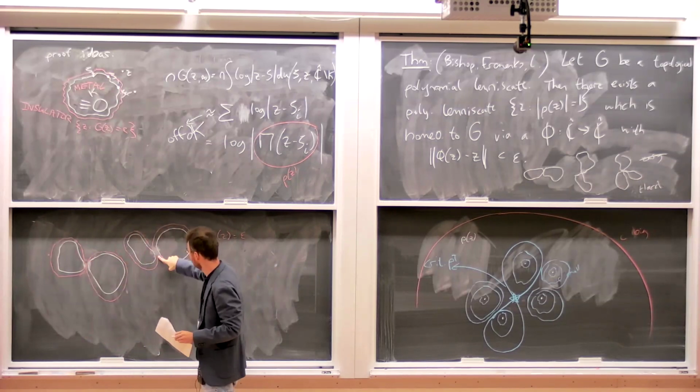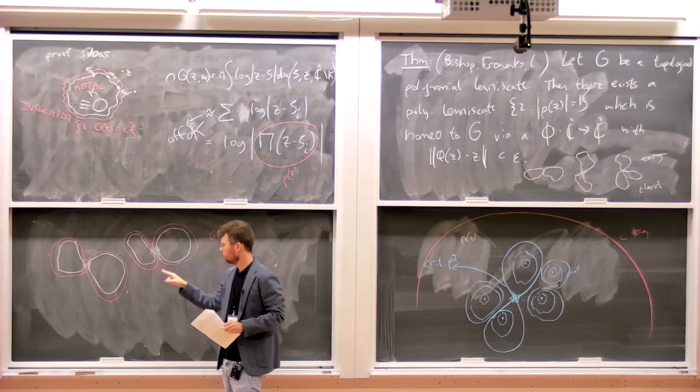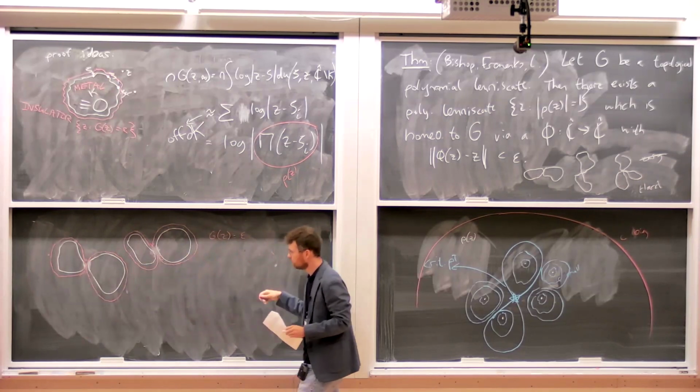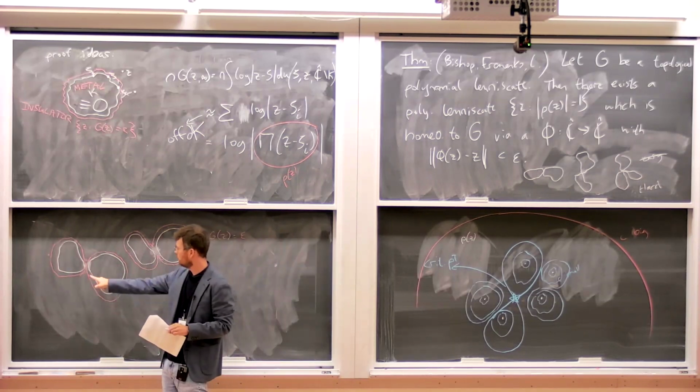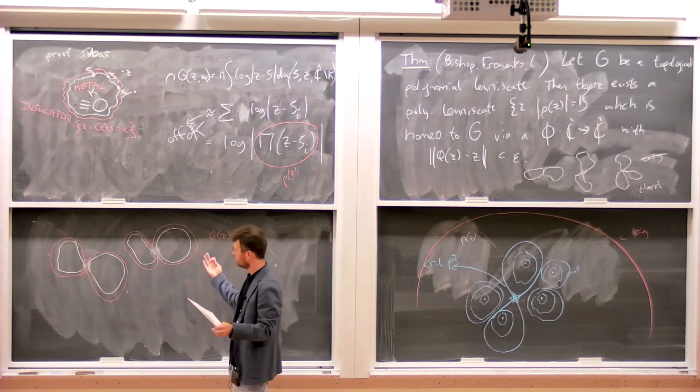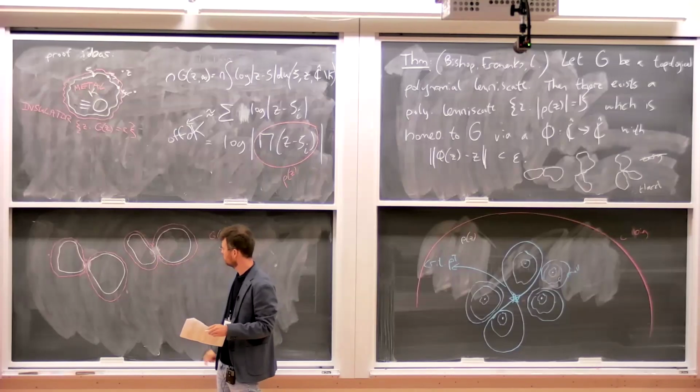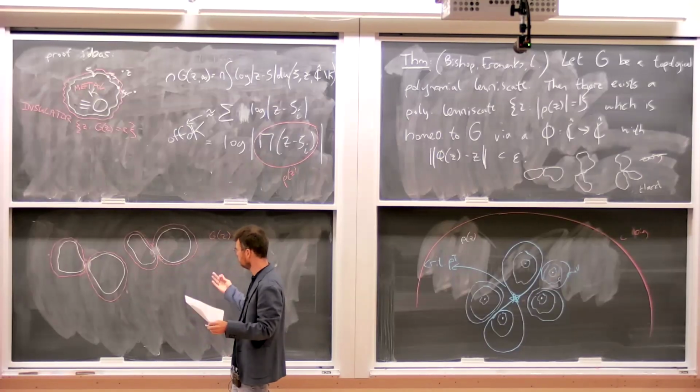The difficulty is, how do you know that you can draw these things so that the level sets of the Green's function cross at exactly the same time, right? So maybe this one crosses at time 1/1,000,000, and this one crosses at time 1/10 million. What do we do?